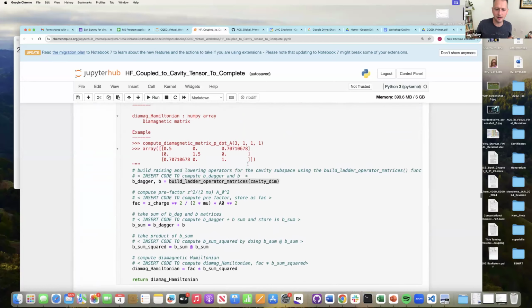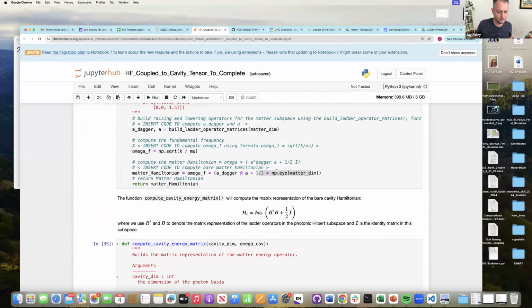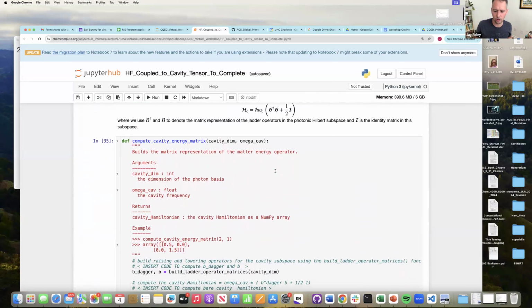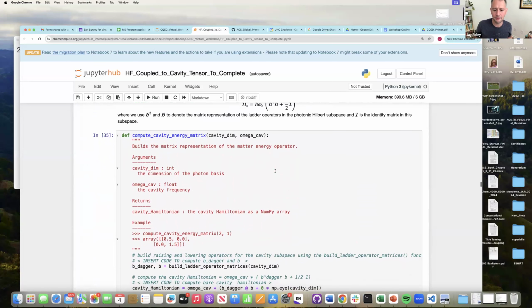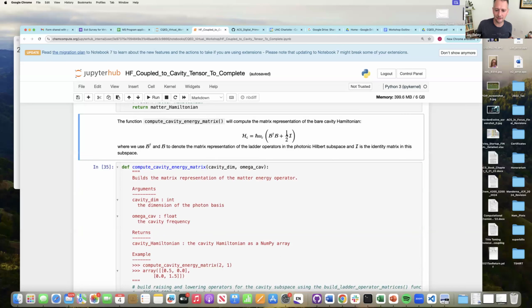When we computed this expected output, we were choosing to neglect the zero-point energy of the cavity. And then when we implemented this today, we included the zero-point energy of the cavity. The zero-point energy of the cavity comes basically from the 1/2 times the identity matrix in the Hamiltonian matrix builder that we wrote.